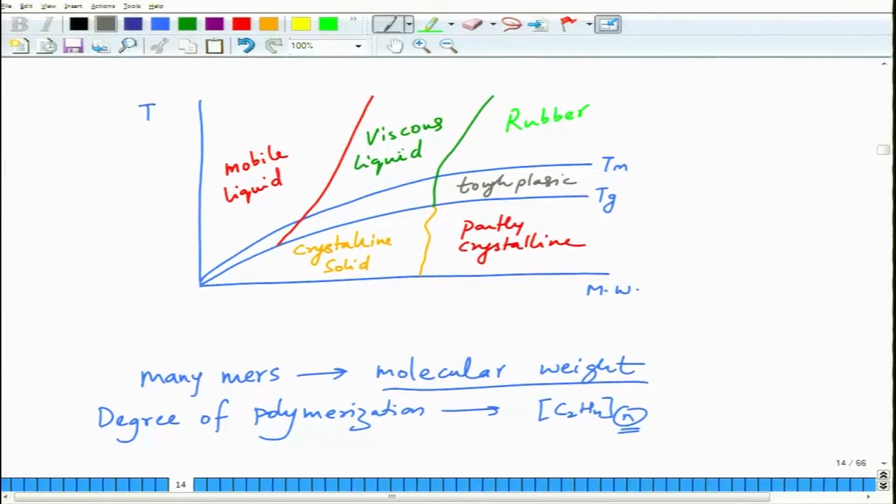So, at lower molecular weights, the solid is crystalline or has certain crystallinity, and it tends to convert into a liquid which could be mobile, with low viscosity, or with high viscosity depending upon the molecular weight. At very high molecular weights, the polymer is partly crystalline, and it tends to have a wider region between the glass transition and melting point. Between these two, it tends to act like a tough plastic, and before it becomes more rubbery at higher temperatures. So, these are the viscosity related behaviors of polymers as a function of temperature and molecular weight.